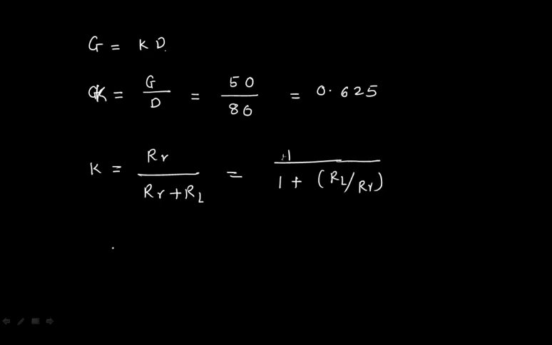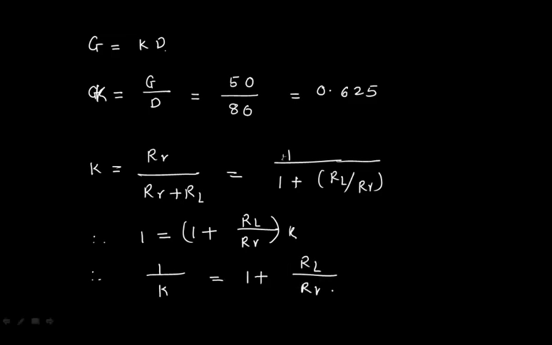Now again, I'm just going to simplify all these things. So again I can write 1 by K is equal to 1 plus RL by RR.